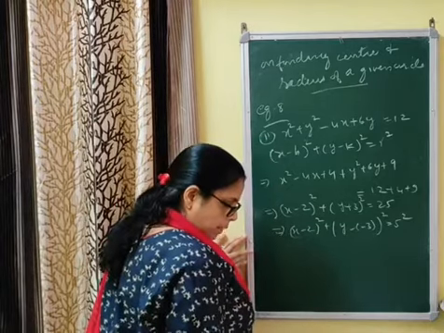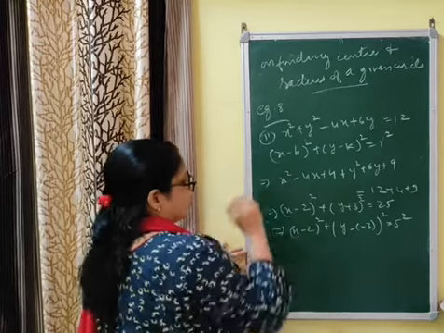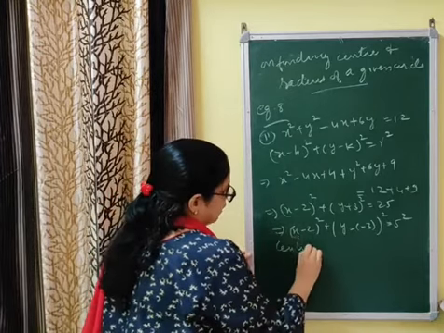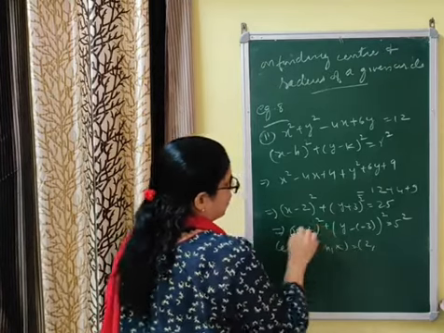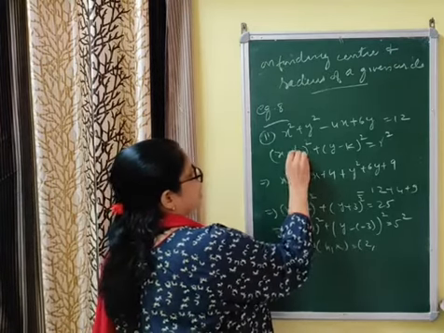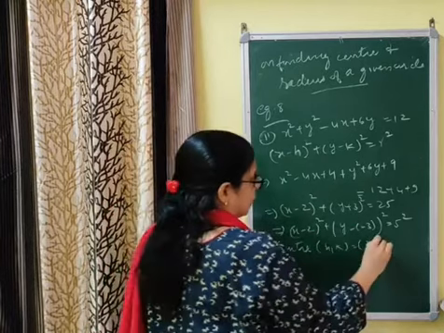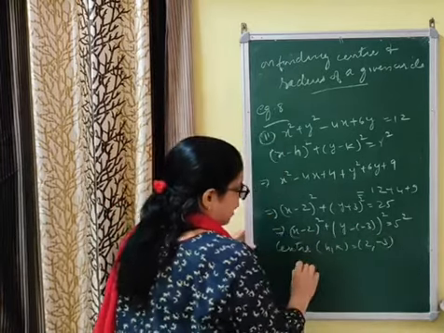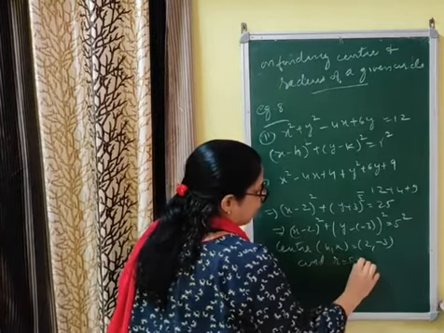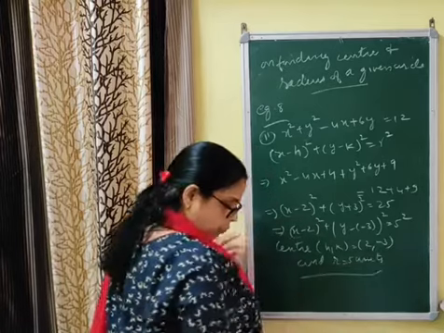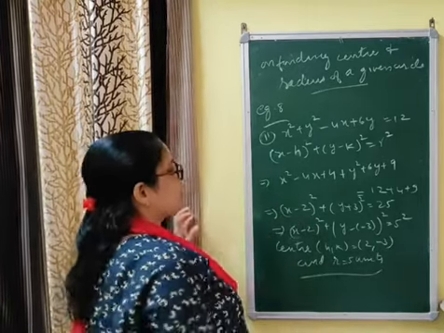By comparing with the central form, you will get center (h, k) is equal to (2, minus 3). In central form there is a minus sign in between, so the plus is taken as minus minus. And the radius is the right side quantity, r is equal to 5 units. In this way you can find the center and radius of a circle from the given equation.